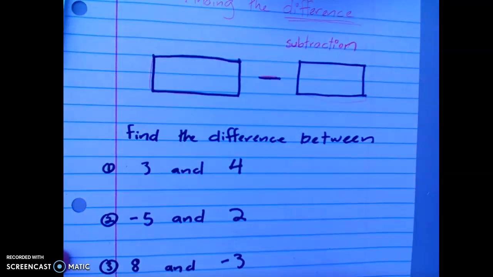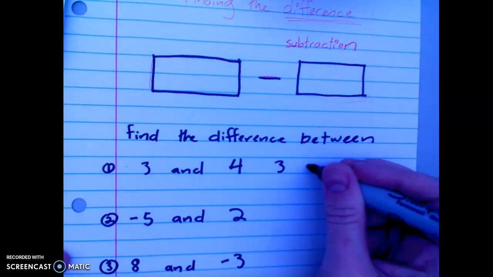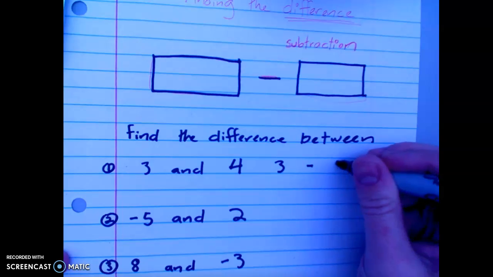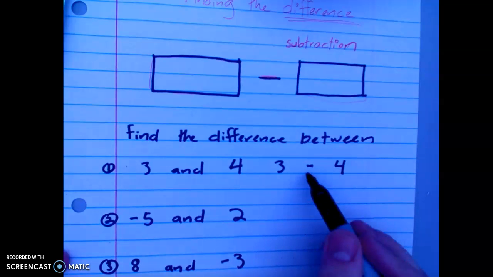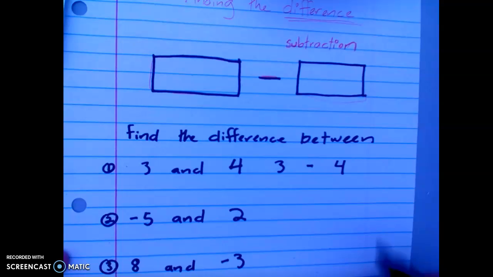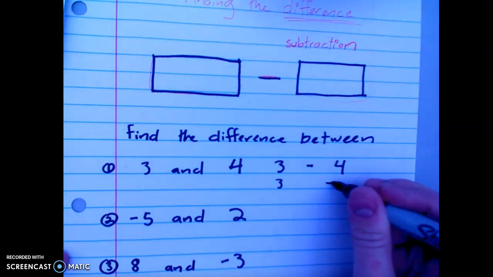Okay, so this one, we're going to have 3 subtract 4. Okay, now we need to remember our subtraction rules and how we're going to rewrite them to be addition. So remember, you would take this subtraction, attach it to the 4, so that this would be a 3 and a negative 4.